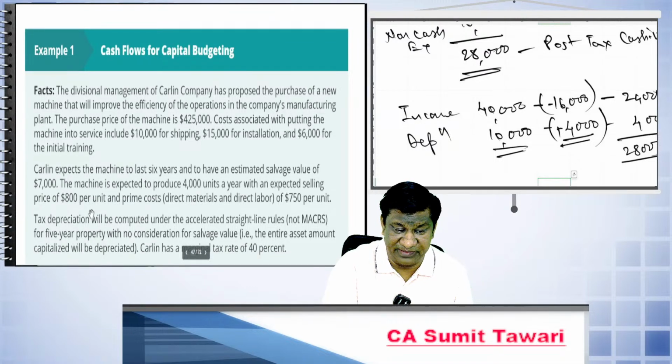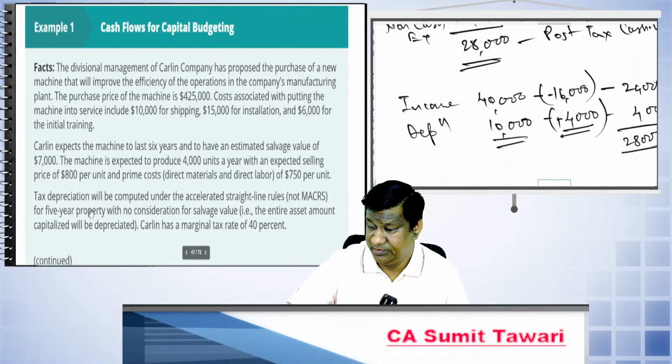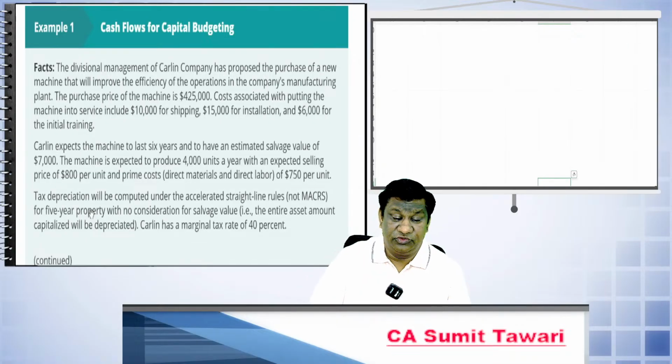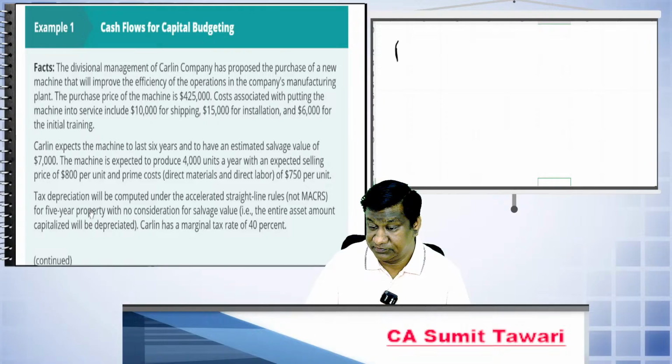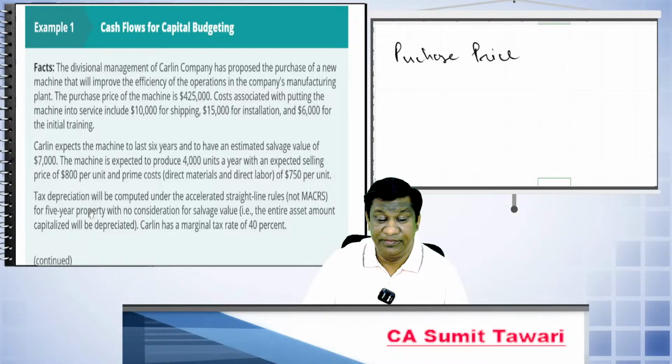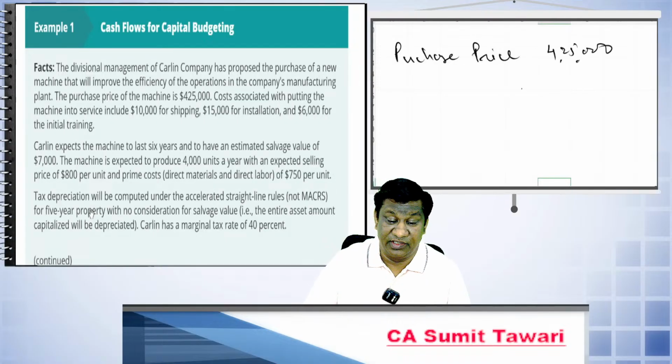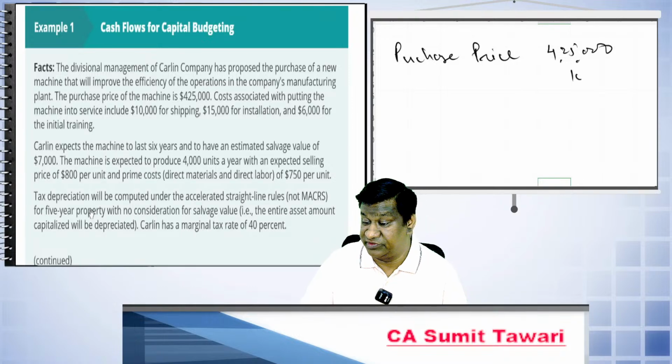Okay, we'll take this example. A divisional management of a curling company has proposed the purchase of a new machine that will improve the efficiency of the operation in the company's manufacturing plant. The purchase price of the machine is 4,25,000. Costs associated with putting the machine into service: installation cost 10,000, so that I need to add.